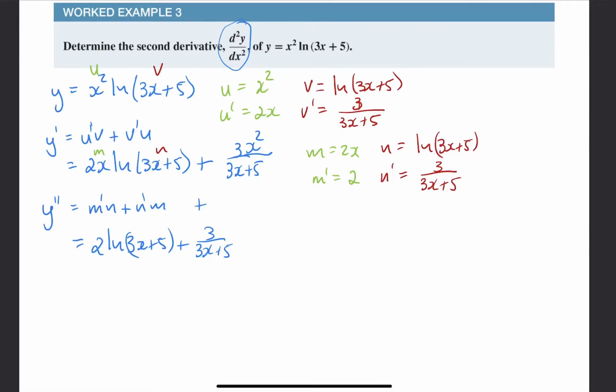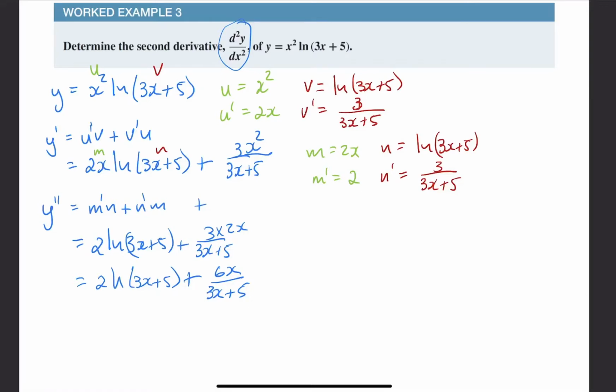Multiplying 3 by 2x gives us 6x. So this will be 2 ln(3x plus 5) plus 6x over 3x plus 5.